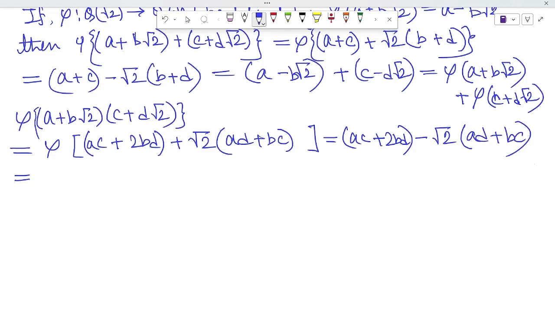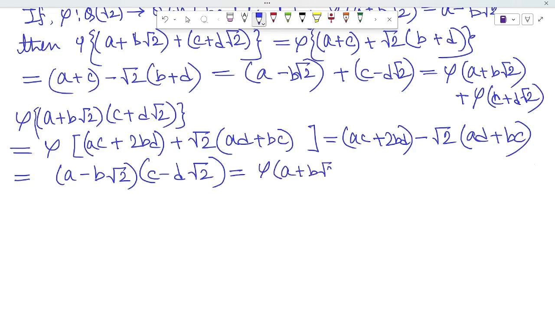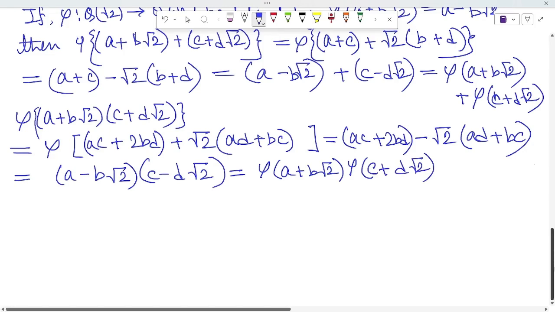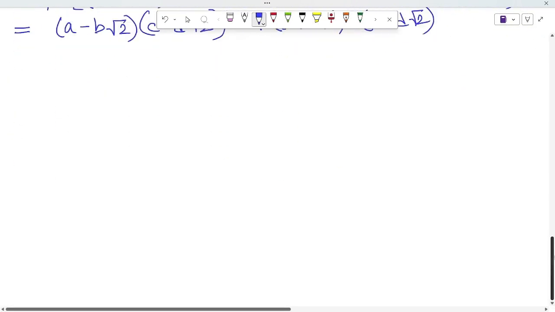But observe that this is the multiplication of a minus b root 2 and c minus d root 2. So psi also preserves the multiplicative structure. So it is homomorphism, and next one-one and onto.